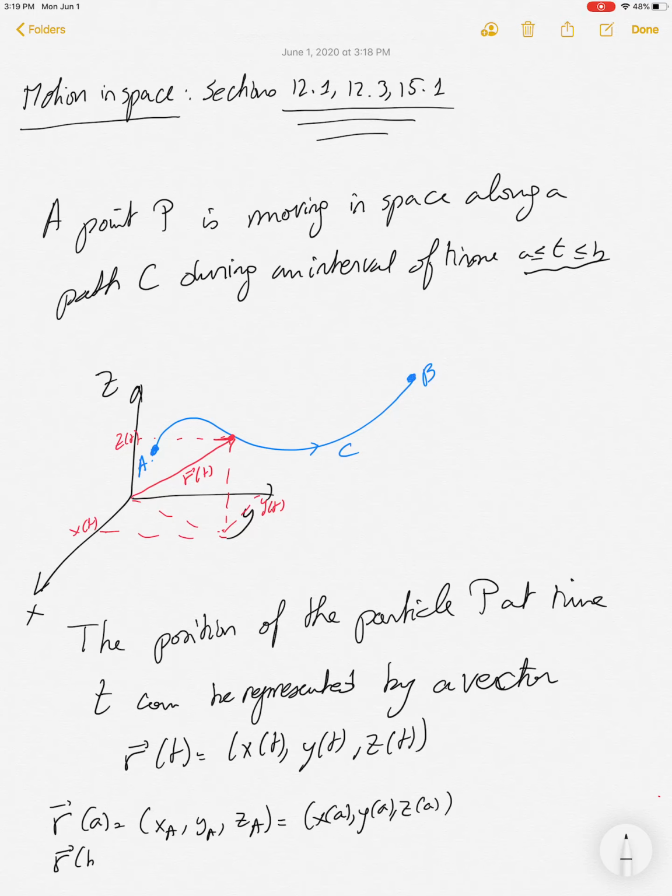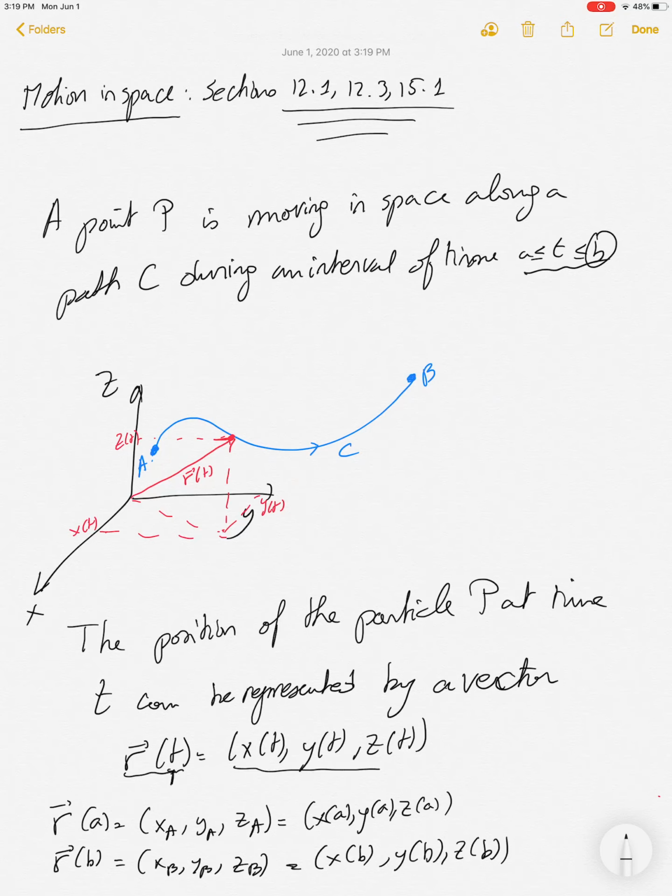Now what is r of B? This is the ending time. This is x of B, y of B, z of B. So what is really r of t? It takes time and it gives me position.